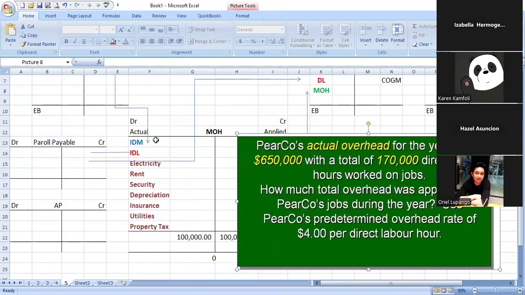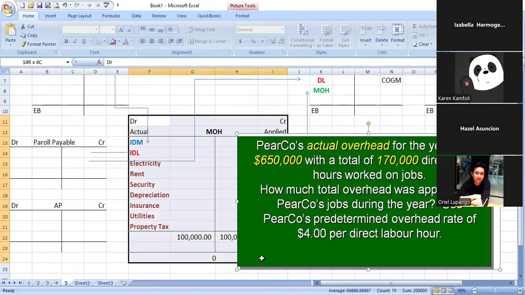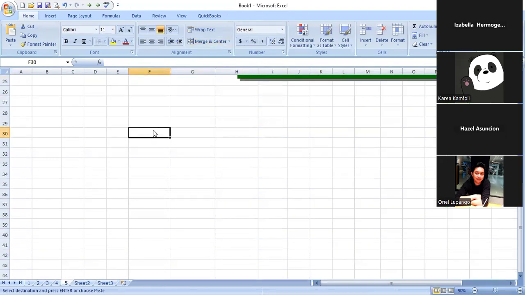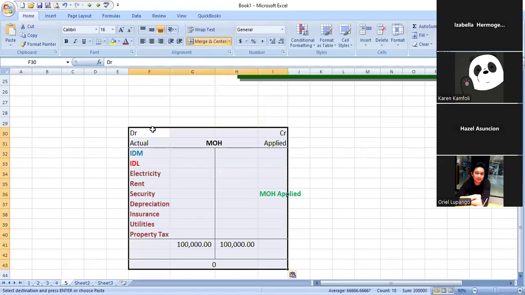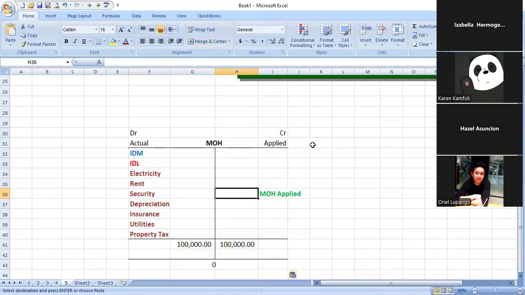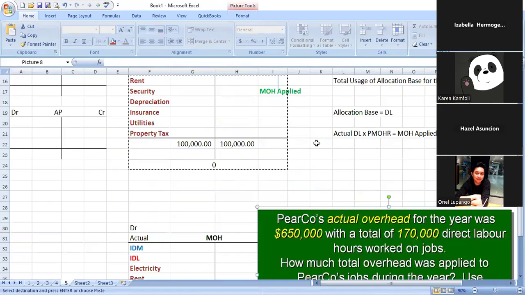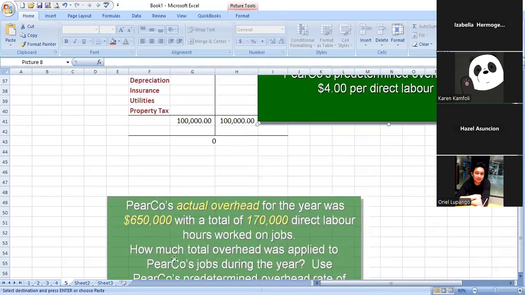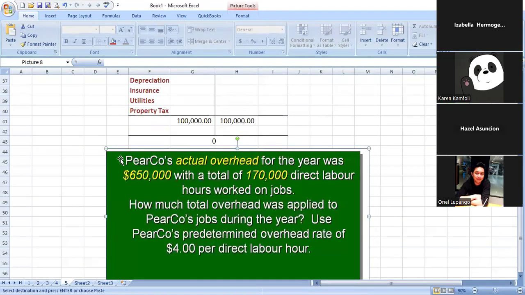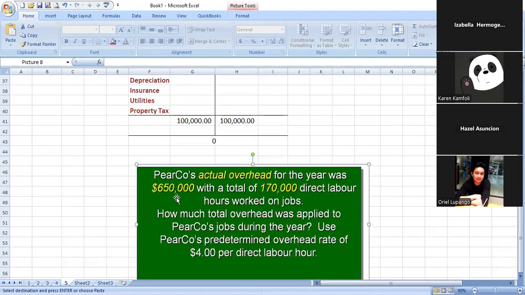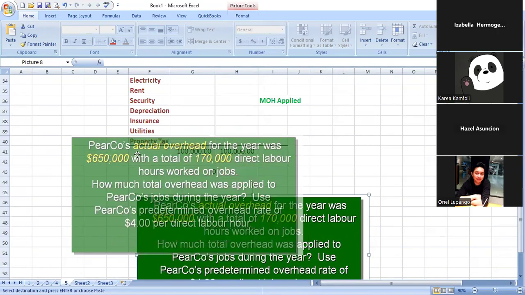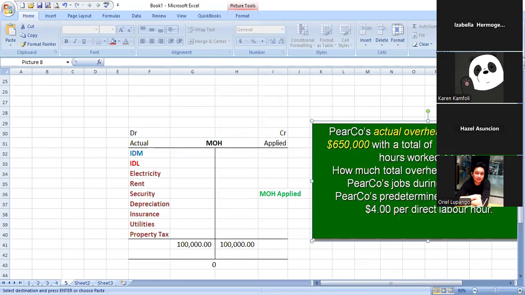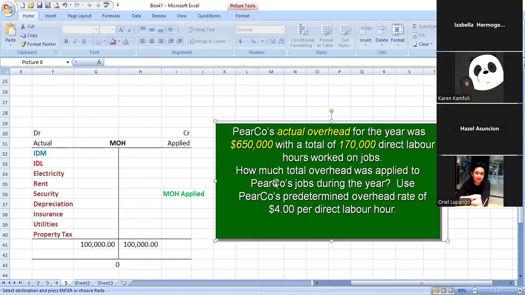So let's see our account. This is the account that we're chasing. I'm going to move it right here where it's empty, and I'm going to bring the question. And you're going to tell me what to do with this account. Okay.